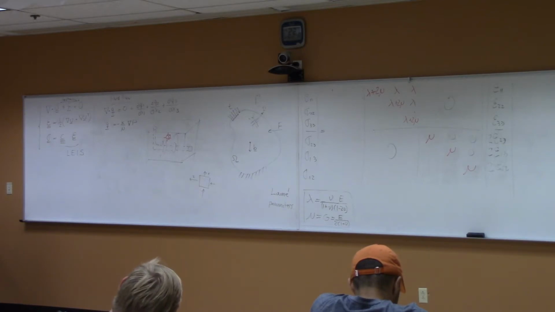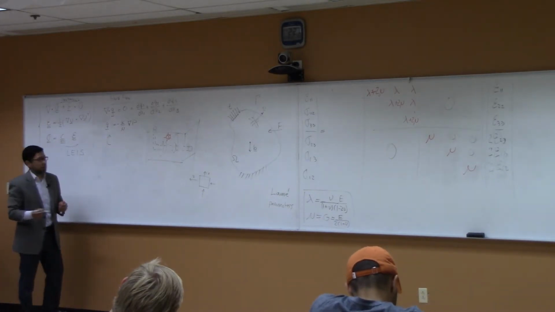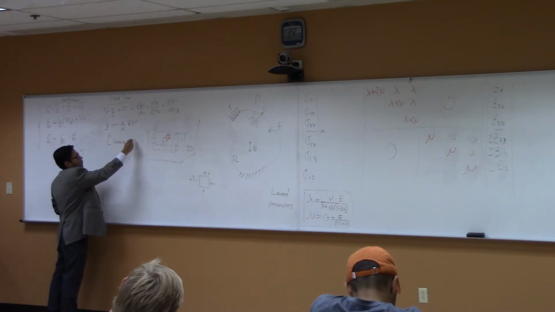but not that much. In order to get here, and we're not going to do this, that's where you need a constitutive equation, which is you have to assume laminar flow, right?